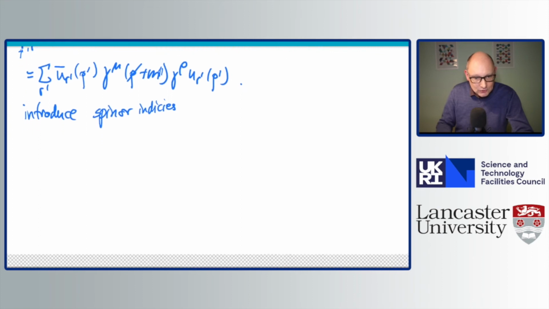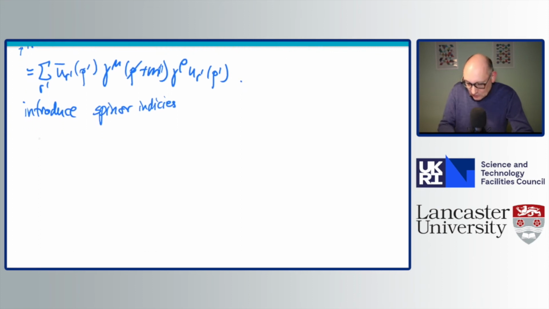Good. So in order to show that explicitly, we have here the sum over R′ of something that is a ū_R′. Let's get rid of the p notation, momentum explicitly, and just write it i. That's a sum over i of 1, 2, 3, 4. There's a Γ_ij, which is the γ^μ, the p slash, the m, the γ^ρ.